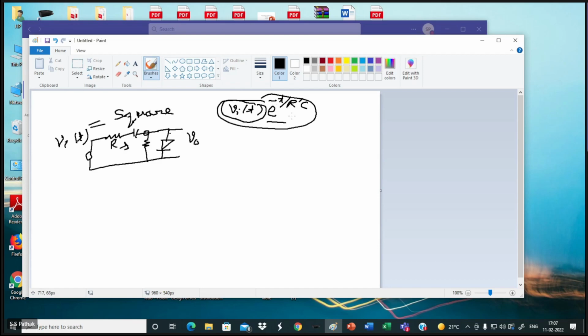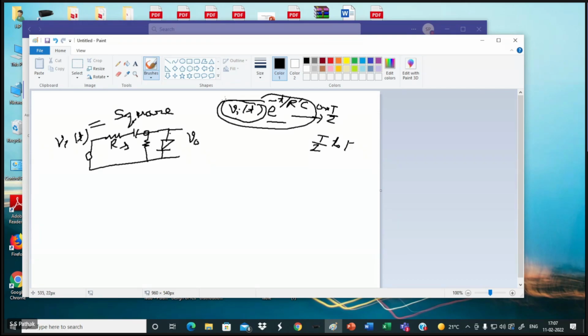Here again, time period T, T by 2. So 0 to T by 2, it will be one kind of expression, and T by 2 to T will be another kind of expression for the charge and discharge in the sinusoidal case.